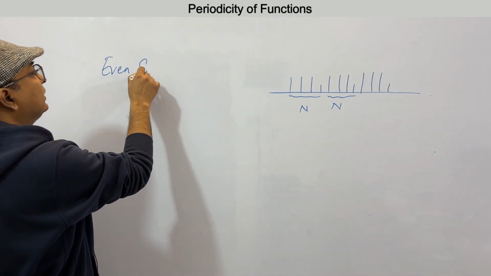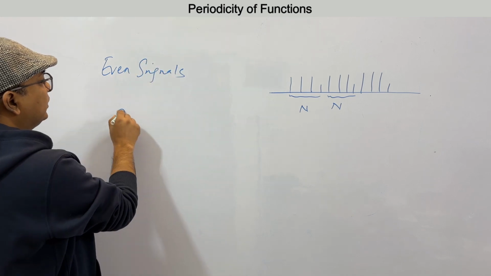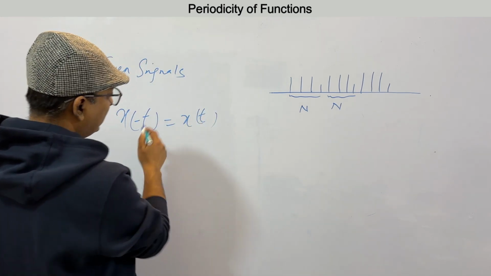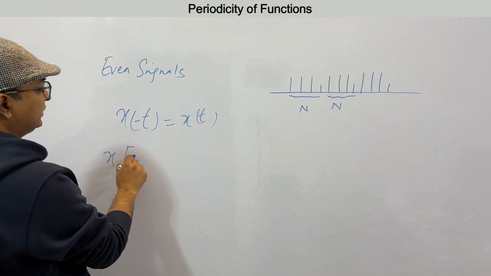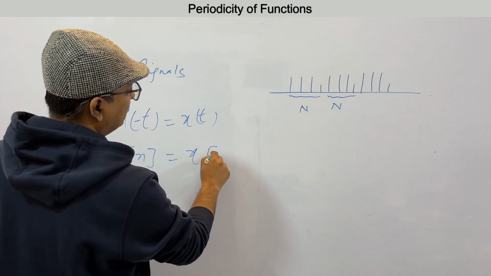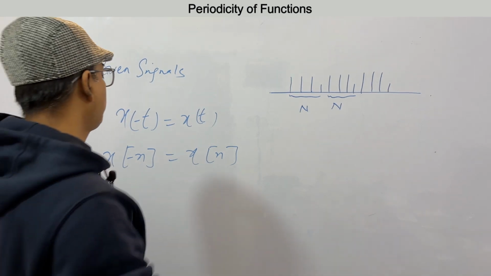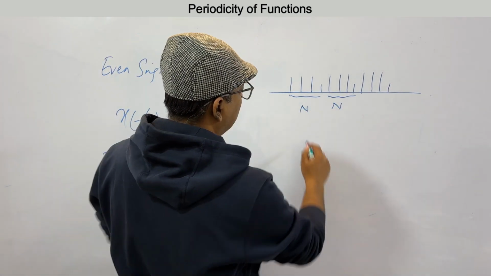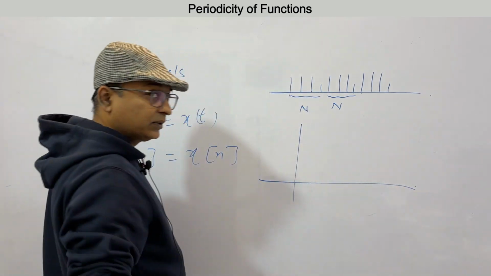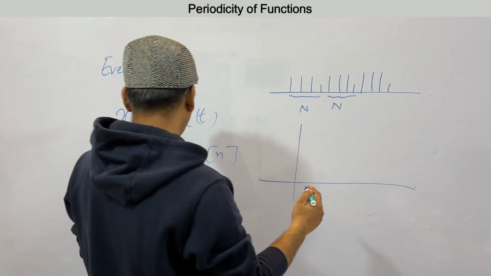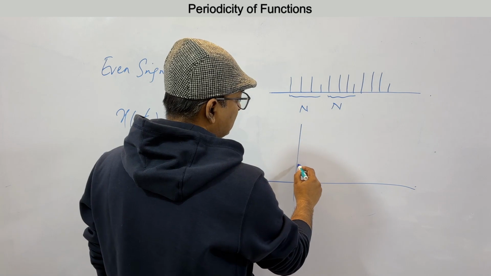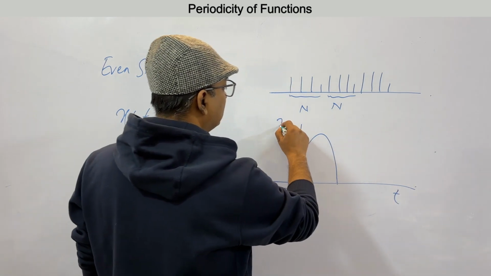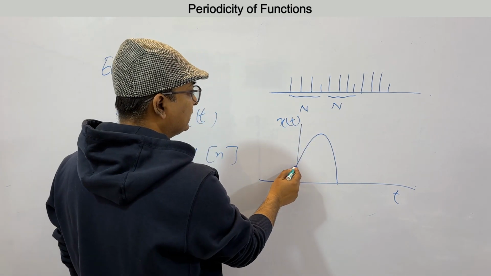Now, from here only we have a concept of even and odd signals. What are even signals? Even signals are those where x(-t) equals x(t), or in terms of discrete signals, x(-n) equals x(n), then we say it is an even signal. First of all understand for continuous time, then you will get it for discrete time. If our signal is like this, okay, this is 0, this is t, this is x(t), x(-t) will be this.